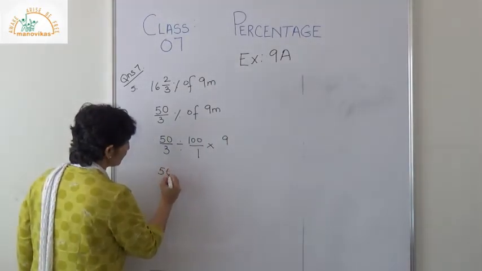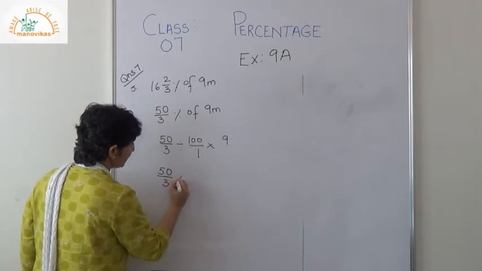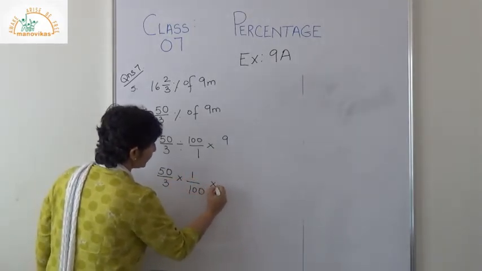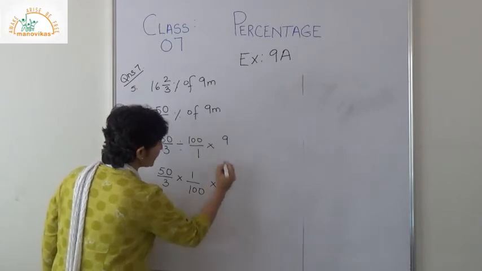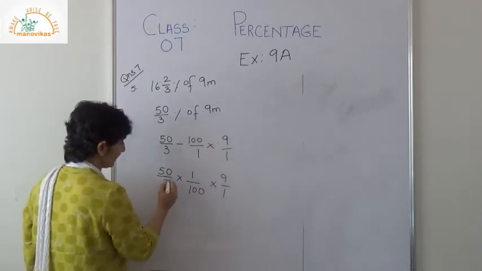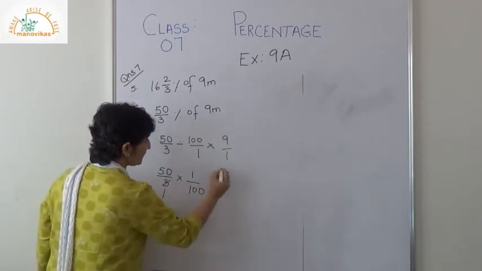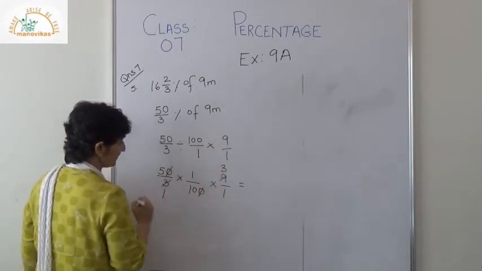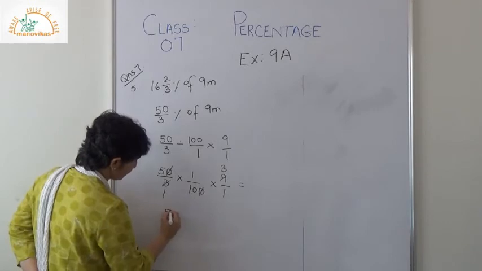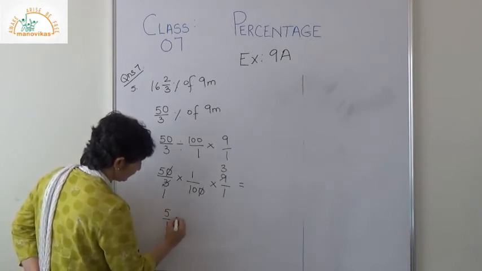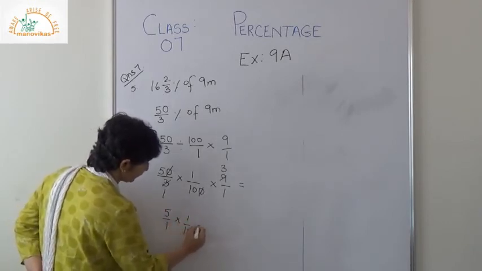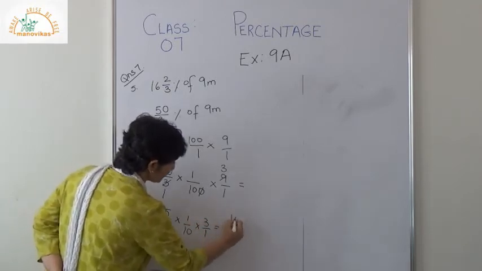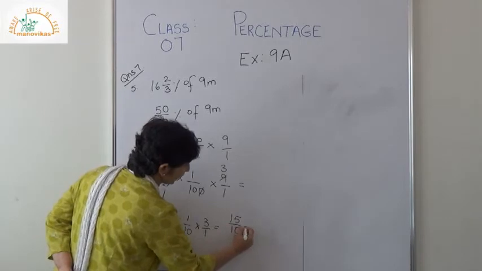So what do I get? 50 upon 3 into 1 upon 100 into 9. 9 means 9 upon 1. So when I reduce, 3 1s are 3, 3 3s are 9. This 0 gets cancelled with this. So what am I left with? 5 upon 1 into 1 upon 10 into 3 upon 1. 5 3s are 15 upon 10.